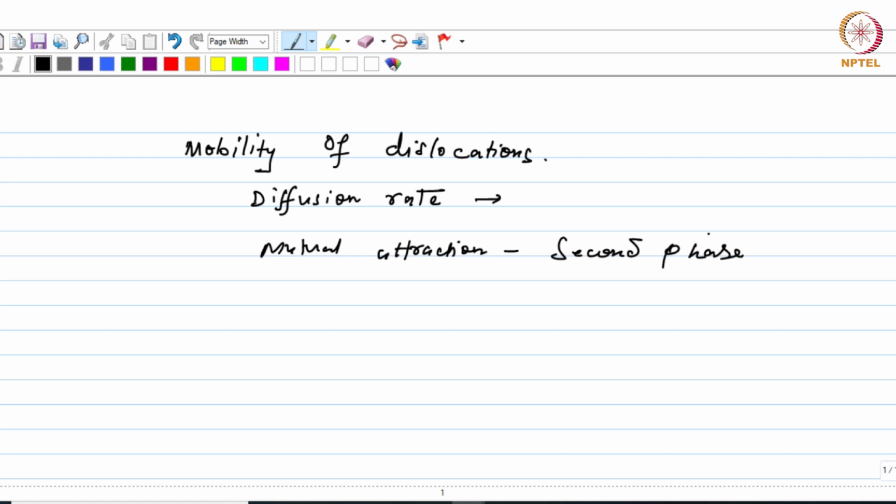And the movement of this nature can be expected to continue until a new equilibrium is reached. On the other hand, if the solid atoms do not combine to form a new phase, then you can expect that a concentration of solid atoms will build around the dislocations.